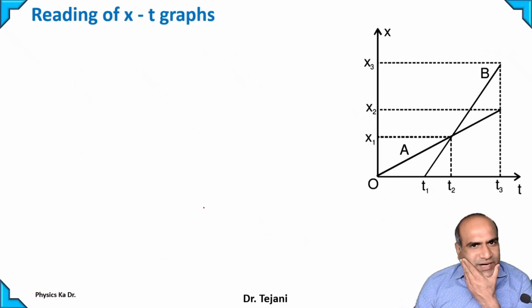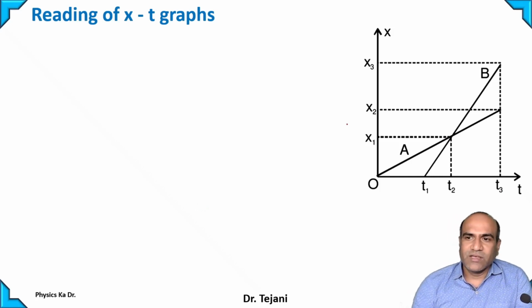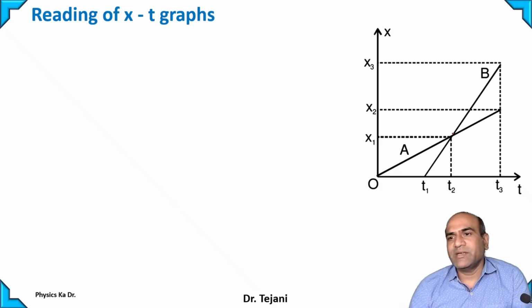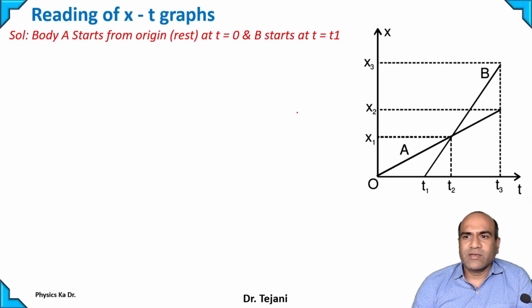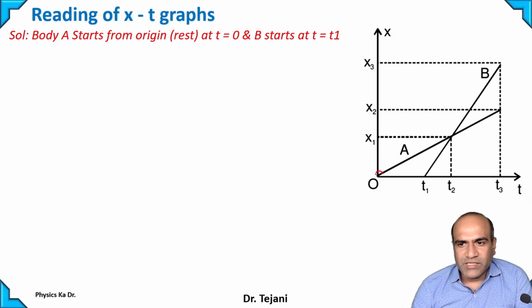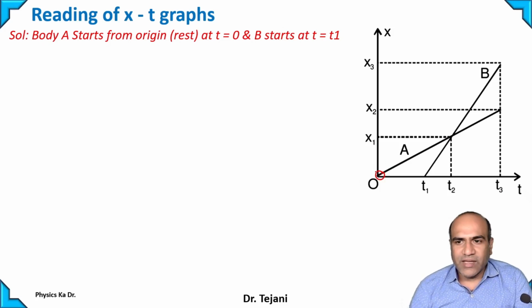Now let's read this x-t graph. We have seen this kind of graph previously also. One graph is representing line A and another is representing line B. So there are different comparisons. First comparison: body A starts from origin, at t equal to 0, and body B starts from T1.